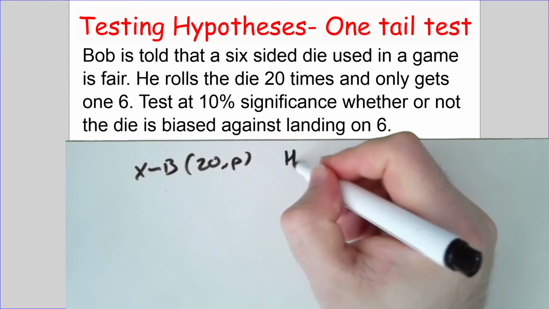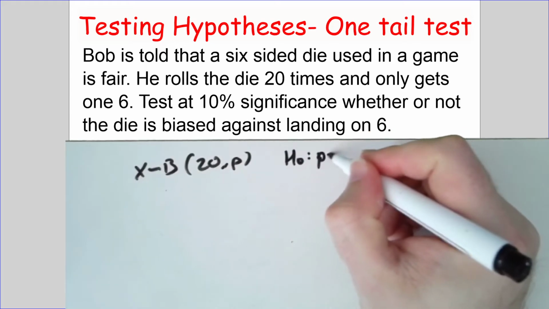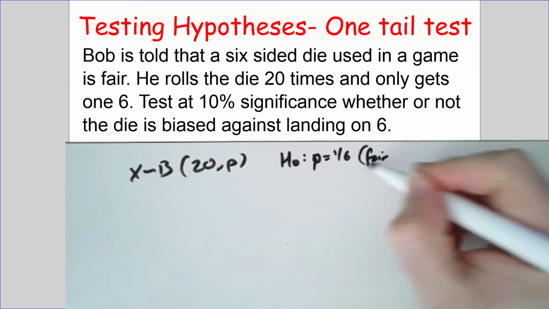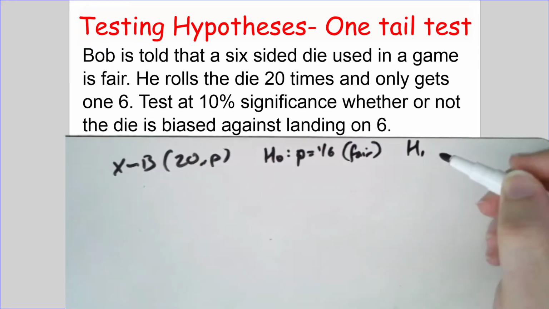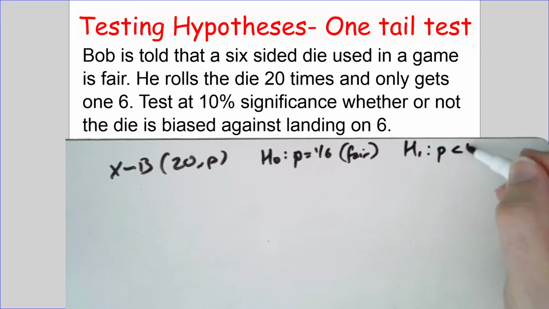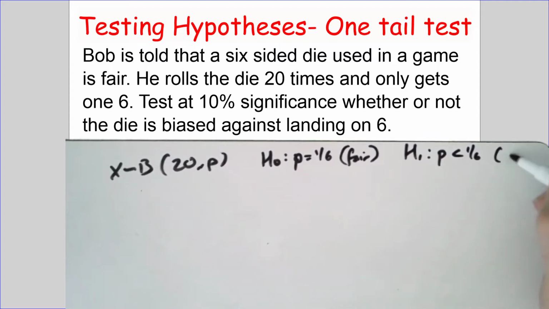Our H0 is going to be p equals 1 out of 6. So this is fair. And our H1, our alternative, is going to be probability is less than 1 out of 6. So this is for biased against a 6.